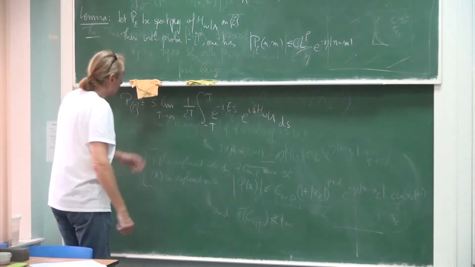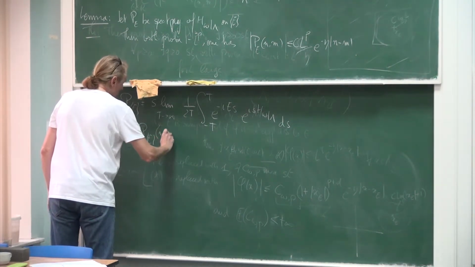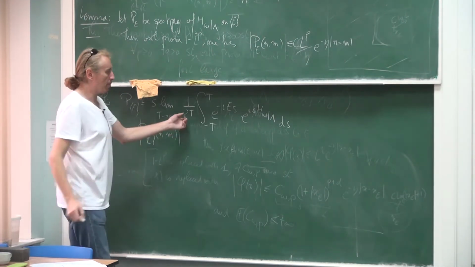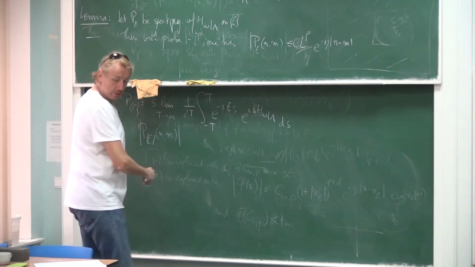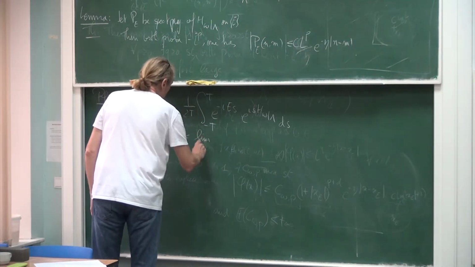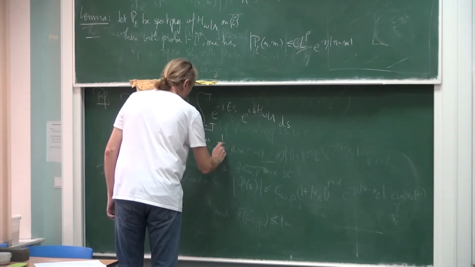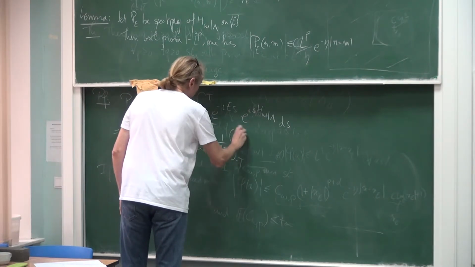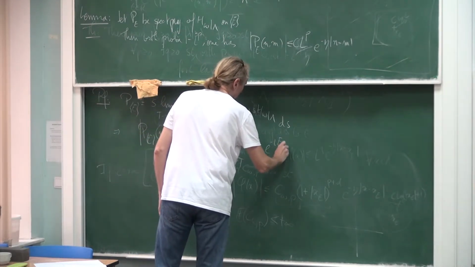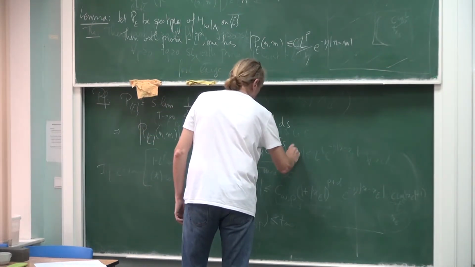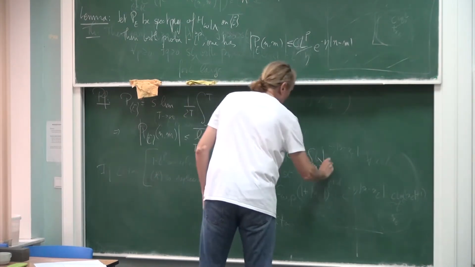From this, if you look at the matrix element, you apply this to delta n, delta m, and you get that this is less than the lim sup as t goes to infinity of 1 over 2t integral from minus t to t of delta n e to the minus i E s e to the i s h omega delta m ds.